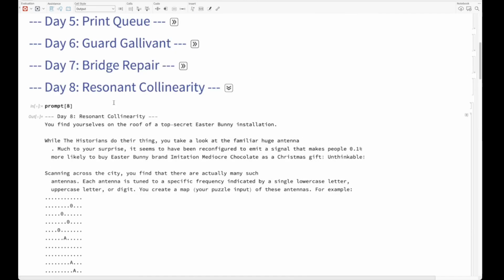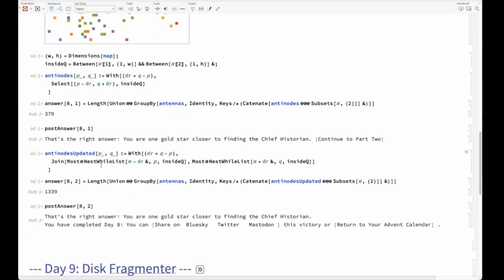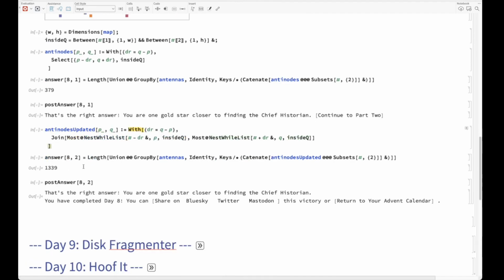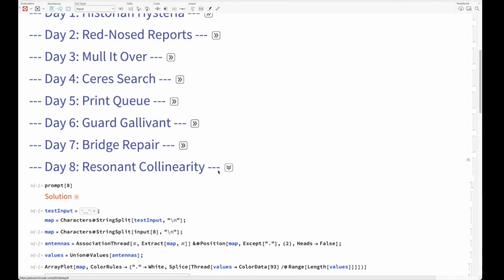Not too complicated. You just use nest while, so that you keep putting antinodes until you reach the boundary in two different directions. Very straightforward. Then you compute the answer. That was day 8.